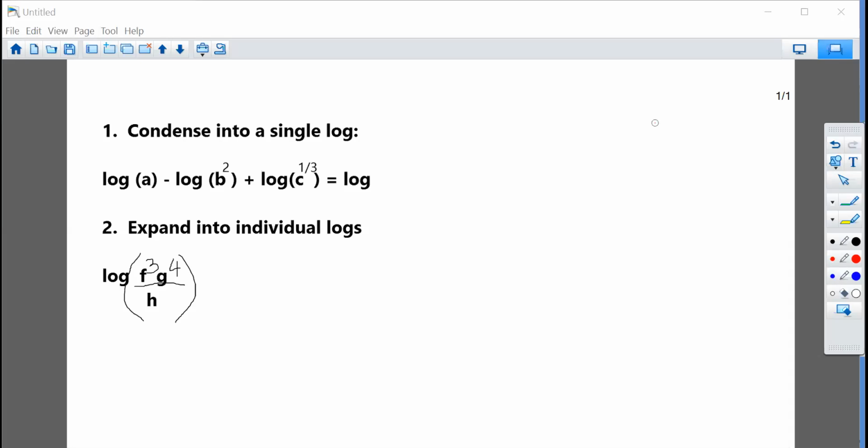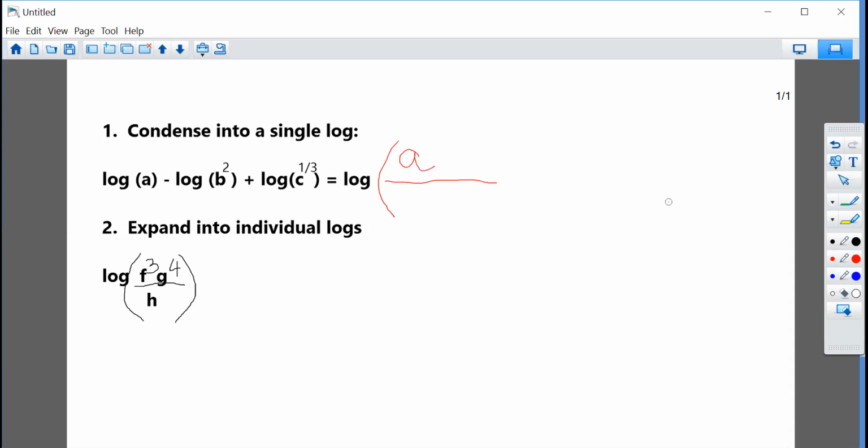So on these quick examples, on number 1, we want to condense these three terms into a single log. Okay, we want to condense those into a single log. We've got a mix of adding and subtracting, so we're going to have a fraction. Okay, the log of A being positive, that A is going to go in the numerator.